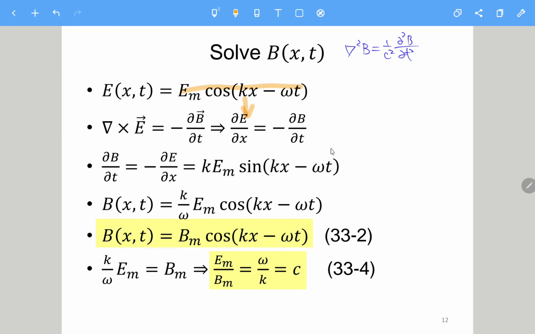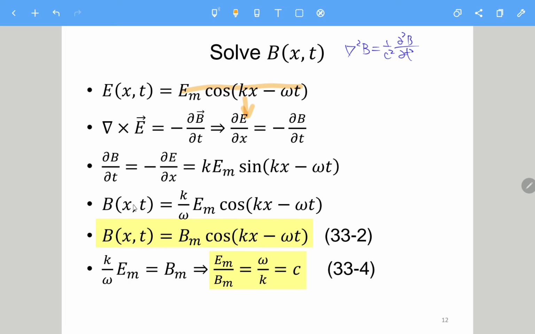then with the chain rule, we need to take the partial derivative with respect to x here, so we get a k here, which means that partial B partial t is this one, and then we try to integrate both sides.